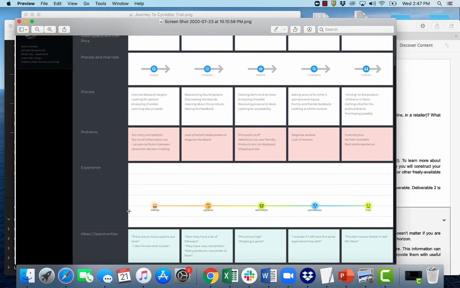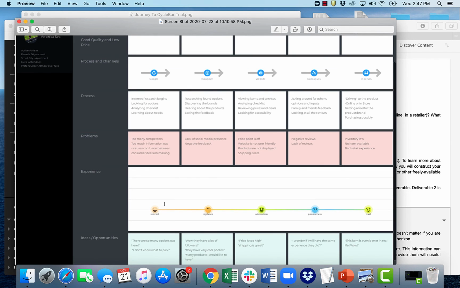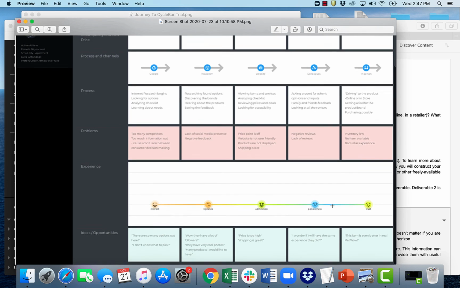So if you're going to use this field here, the emotional experience, so when the consumer is first looking for information and maybe feels overwhelmed, this is a place where you could say overwhelmed, but just putting in random emotions doesn't really add to the quality of your product.